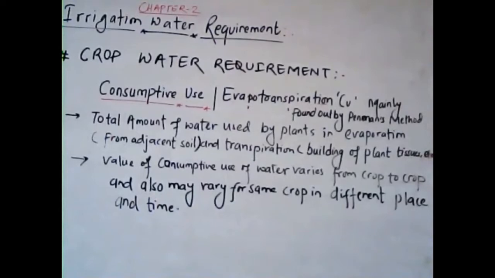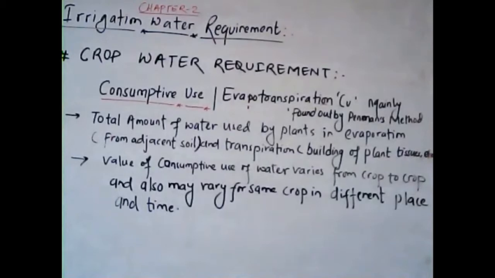So individual crops may vary from place to place in matters of water requirement. This water requirement is based on how much water is being lost in the particular irrigation field. So at first we need to assess the water lost, how the water is being lost from the irrigation field.